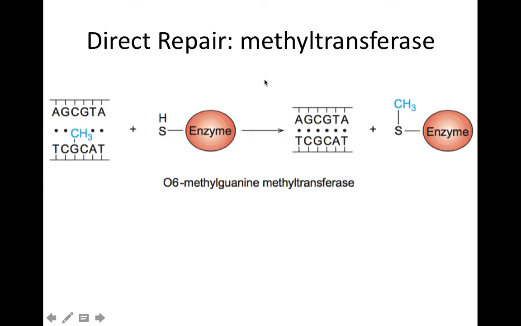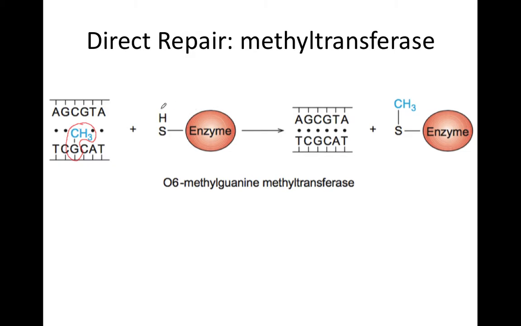Another repair mechanism is using methyltransferase. From the term transferase, it means that we're transferring one group to another. In the example here, we have a modified guanine. It's methylated, and because it's methylated, it cannot hydrogen bond well with cytosine. The enzyme in this example is O6-methylguanine methyltransferase.